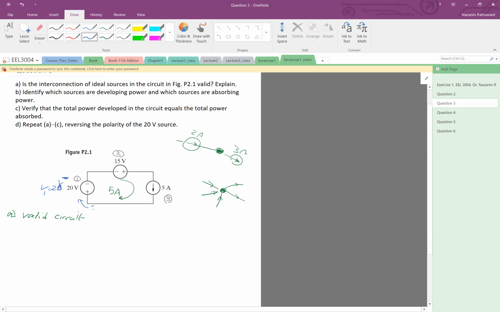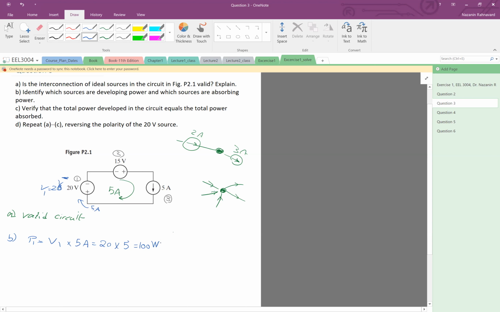So P1 is V1 times the current that enters the plus terminal, which happens to be exactly 5 amp. So 20 times 5 is 100. So P1 is 100 watts.